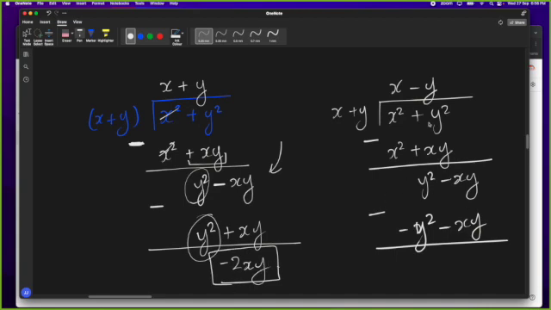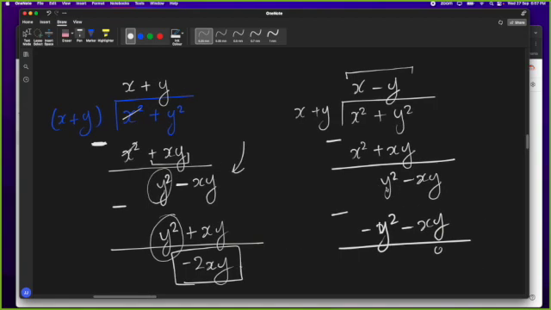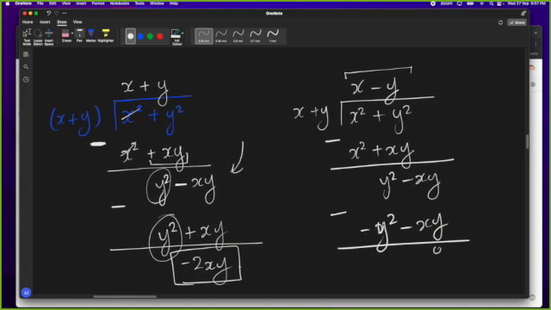In this case, using a different factor, I was able to cancel the xy's, because minus xy minus xy is 0. But y squared minus y squared is y squared plus y squared, which is 2y squared.